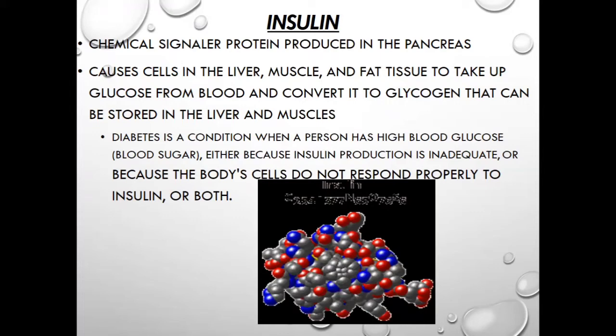So, pag lumalapot yan, nahihirapan mag-flow. Parang mud, di ba? Yung mud, mahirap mag-flow yung mud. So, nagiging ganon. Kaya kailangan niya ng insulin. Tinatanggal niya yung glucose sa blood para maging, in a way, maging smooth yung flow niya sa mga veins po natin. Okay?